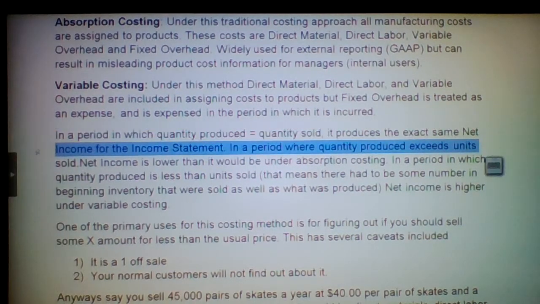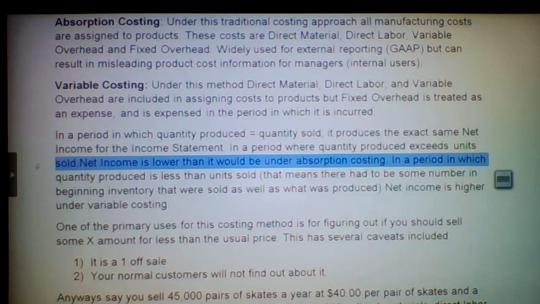However, in a period where quantity produced exceeds the units sold, net income is lower than it would be under absorption costing. What this does is discourage management, who sometimes are motivated by short-term concerns such as bonuses for hitting targeted net income numbers. It keeps them from taking things in manufacturing and putting them into inventory to be counted as an asset.